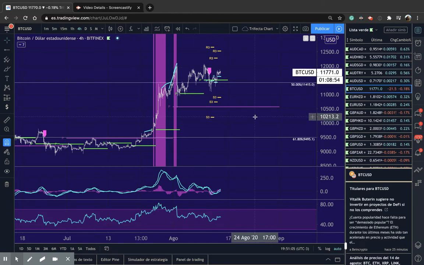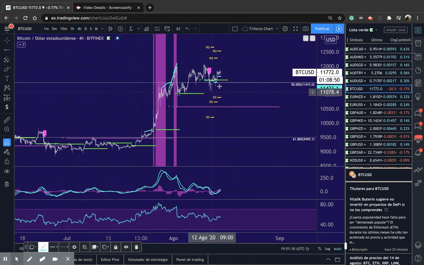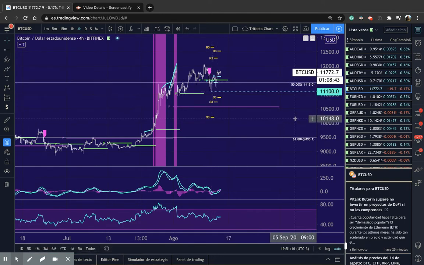So we should be watching this, and if we break this level, we could easily open a short and see if we can get a couple of dollars from this.